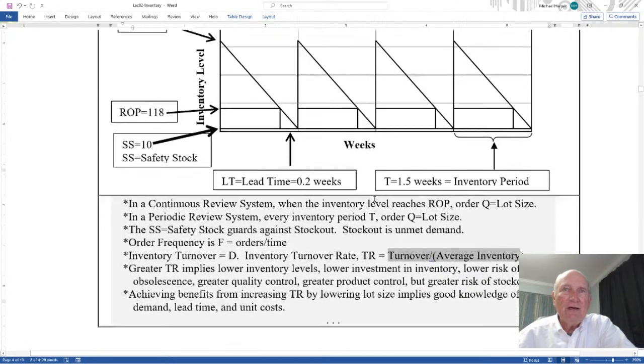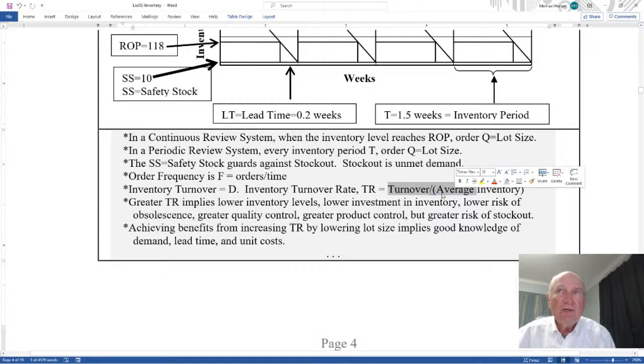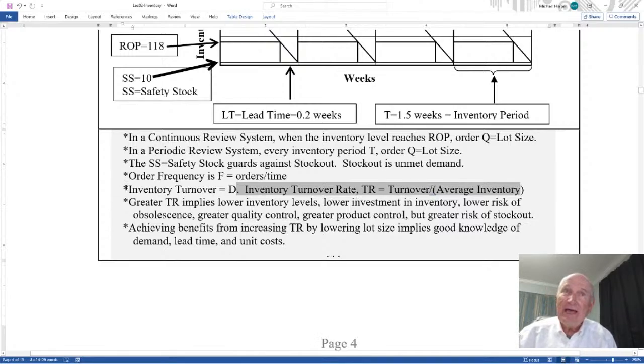The inventory turnover rate is sometimes called the inventory turnover ratio, the turnover rate, turnover ratio, turnover index. It's called all different things. And sometimes in some companies and industry, that's called just the inventory turnover, which technically is not correct. It's the turnover rate.